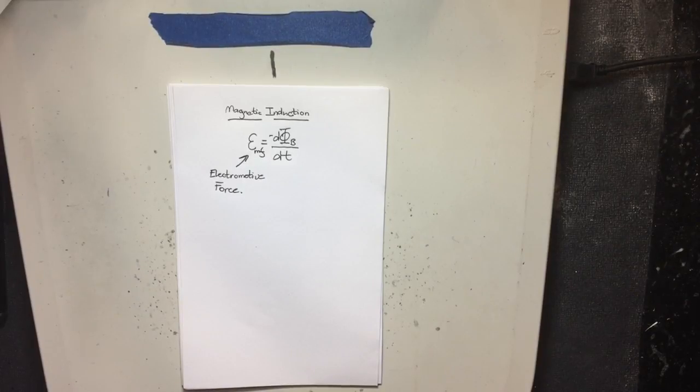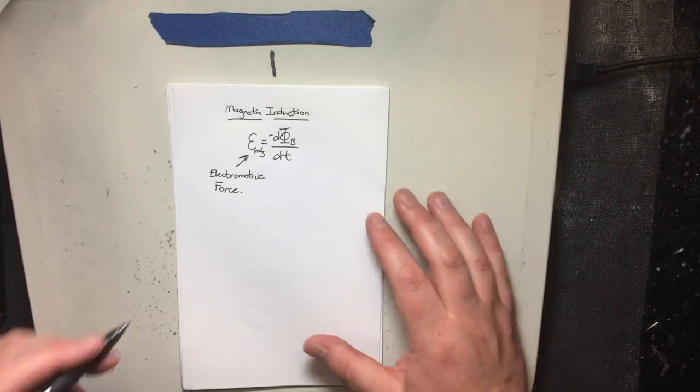A battery can provide electromotive force, provides that potential difference, that something to push electrons through the wires to cause the current. But another way to do it is you can induce it, much like what we talked about charging by induction. You're doing something that causes charges to shift. Here, we're messing with the magnetic fields.